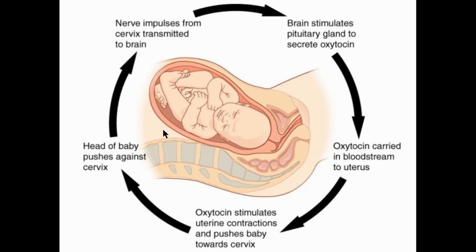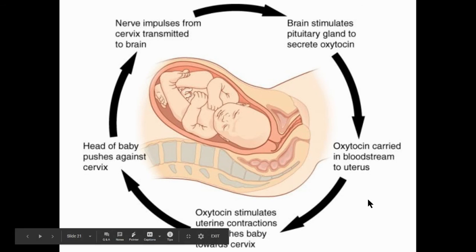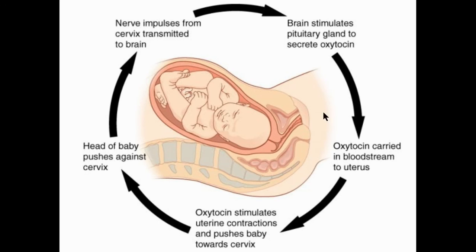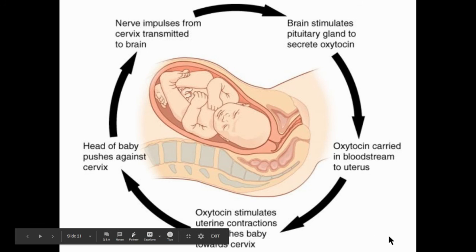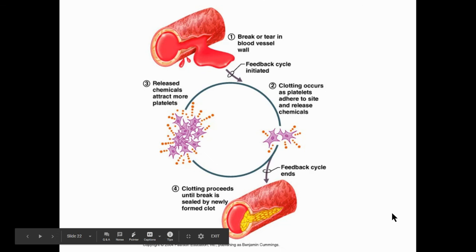So those contractions that you hear hurt so much, it's like this big cramp that you're getting. This muscle is literally doing its job to try and push this baby out this smaller opening here. So that's why it's painful. So that's a positive feedback. And again, an extreme response, right? Having a baby does not happen every day. And also cutting yourself doesn't happen every day.